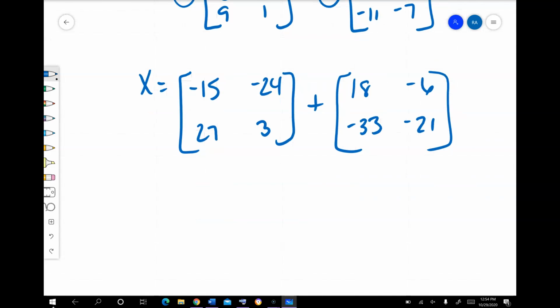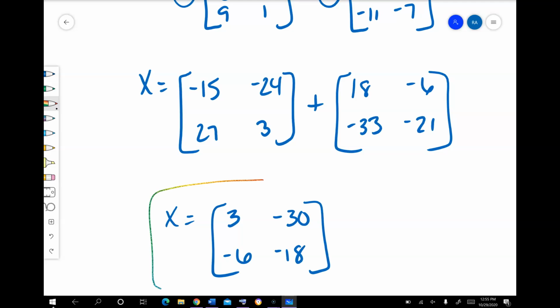Now we're back to addition, and we're just going to combine our elements. Negative 15 and 18 is going to give me 3. 27 and negative 33 is going to give me negative 6. Negative 24 and negative 6 gives me negative 30. And then 3 and negative 21 gives me negative 18. And that would be your answer.